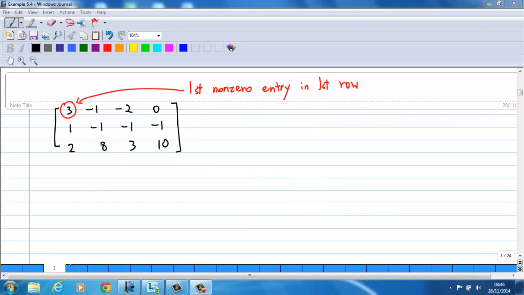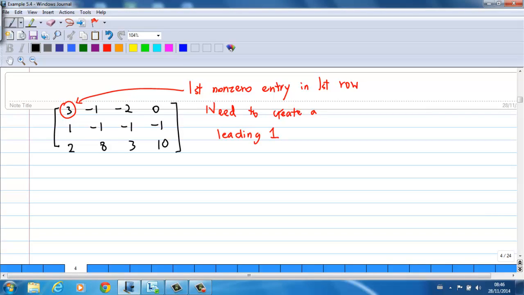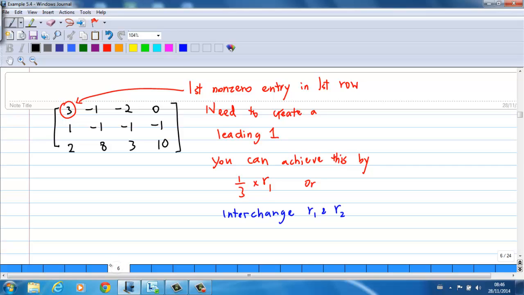Now, the first non-zero entry in the first row of the augmented matrix is 3. We need to create a leading one in this location. You can achieve this by taking 1/3 times row 1 or by interchanging row 1 and row 2.